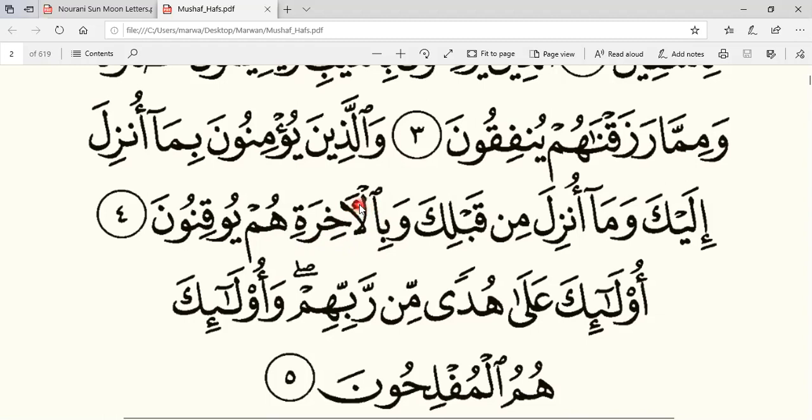Notice that the hamza here is between the lam and the alif. Sometimes the hamza is put right here, on top of the alif, and that would make it only one letter, an a only. In here, it's a hamza followed by an alif. It's not a hamza on top of the alif. If it were on top, it would have been right here.